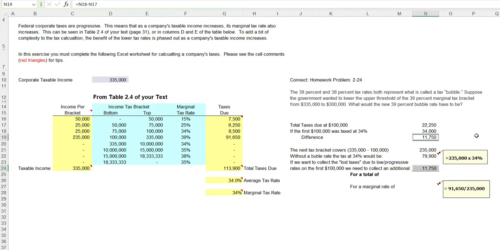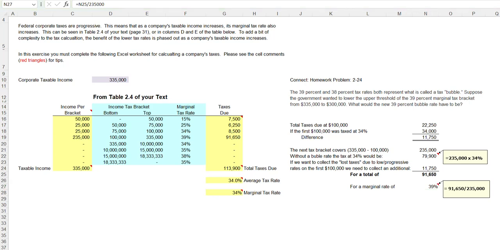Again, that's what we calculated above, for a total of $91,650 in taxes. All right, well, if that's how much money we need to collect in taxes on $235,000 in income, that means the marginal rate for that tax bracket needs to be the $91,650 divided by 235, or a total of 39%. So that's how we came up with the bubble rate.